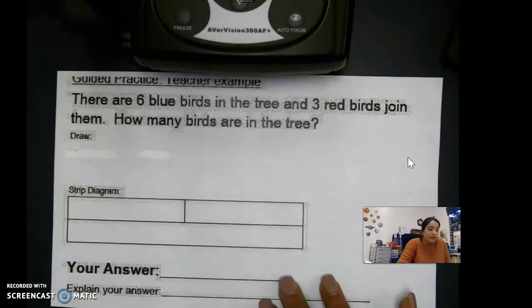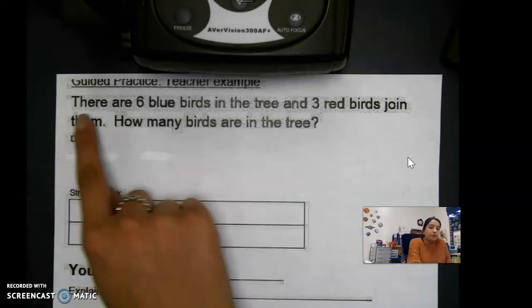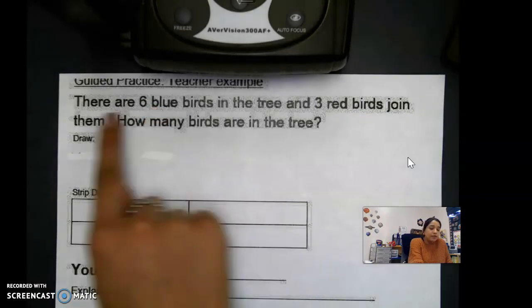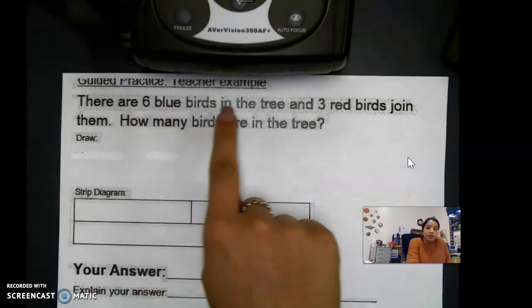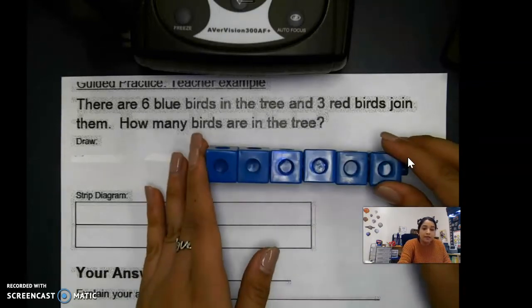Okay. So we can look at our first number. Our first number is 6. There are 6 bluebirds in the tree. How many bluebirds? 6. So I'm going to represent 6 bluebirds with 6 linking cubes.